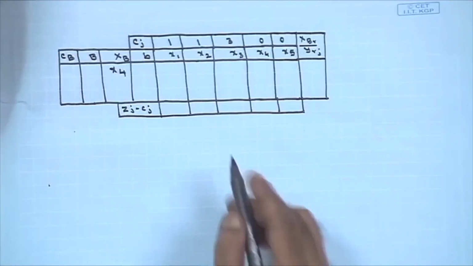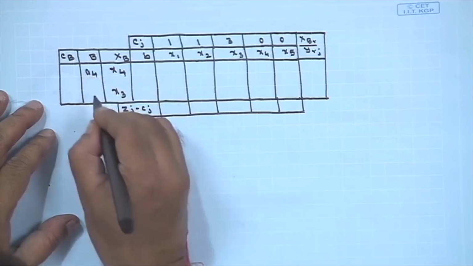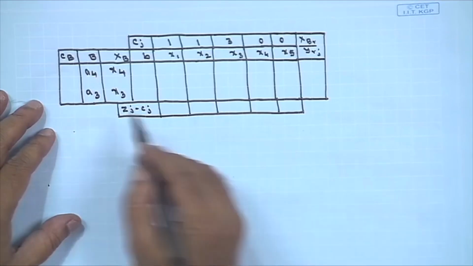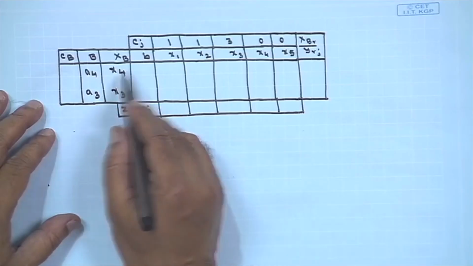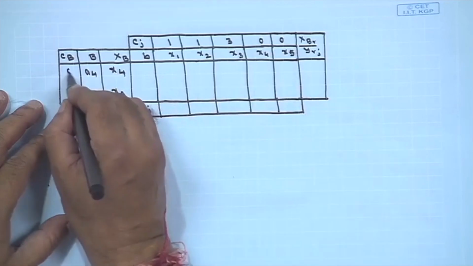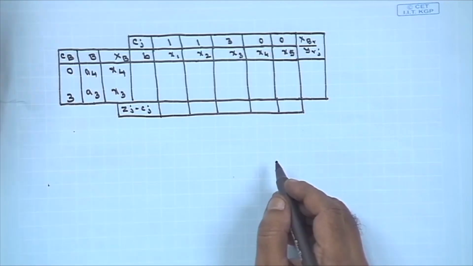So, here it will be x 4 and x 3. So, the values corresponding to these are x 4, coefficient in the cost function it is 0, corresponding to x 3 it is 3. Now, what I have to do?